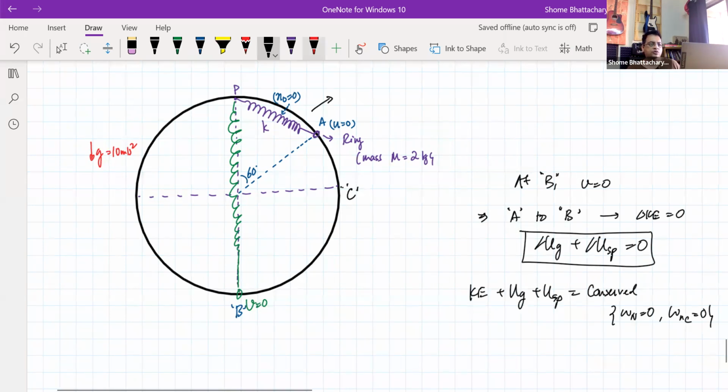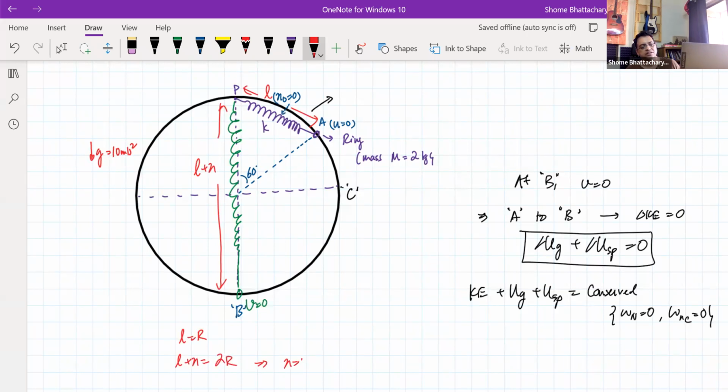Okay, so now all we have to do is find the extension of the spring at this stage. It has some natural length plus x, and the natural length is this. That's pretty easy. This is an equilateral triangle, so you can see that the natural length L for the spring is equal to r. Therefore L plus x is 2r, so the extension is r.